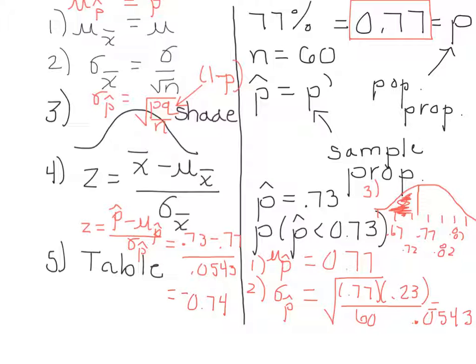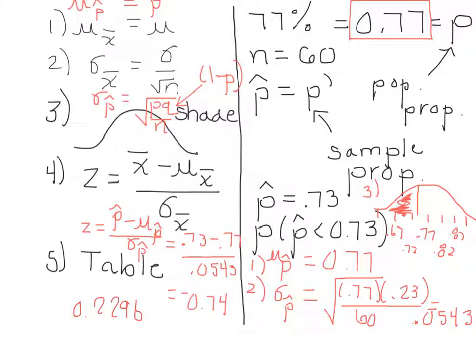Now all that we have to do is go to our table and find the probability that we would be in that tail below a z-score of negative 0.74. When I look that up in my table, I look up negative 0.7 and then go over to the column that has a 0.04 in the heading, and I find that the area below, rounded to 4 significant figures, is 0.2296.